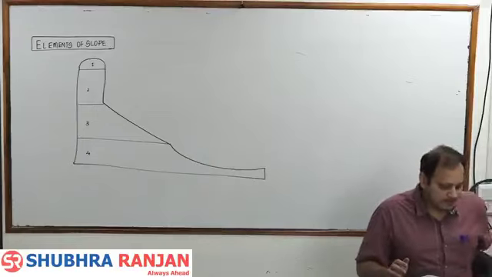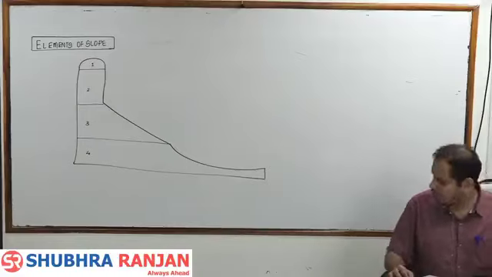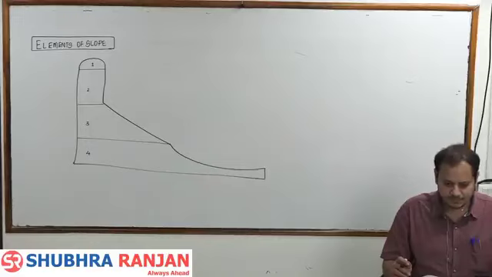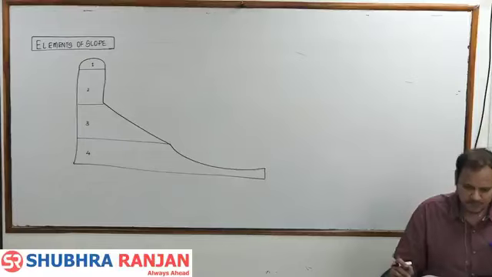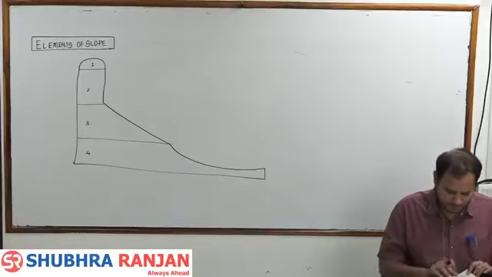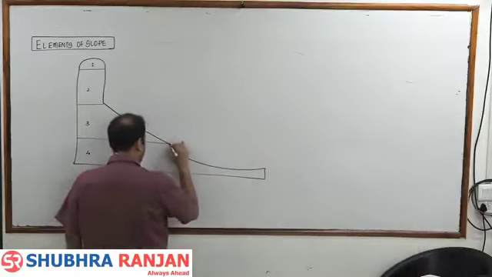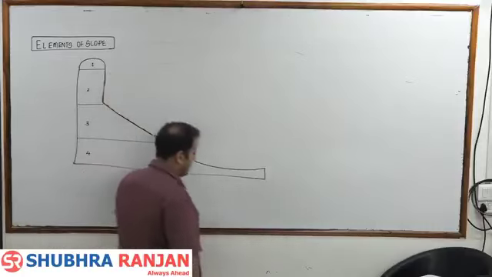Fine. Elements of the slope. The commonly observed slope has 4 points, as proposed by Wood in 1943.